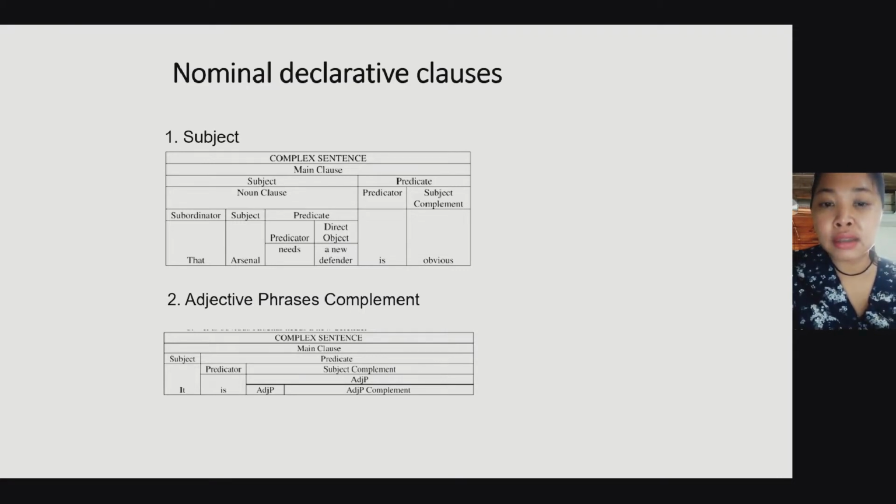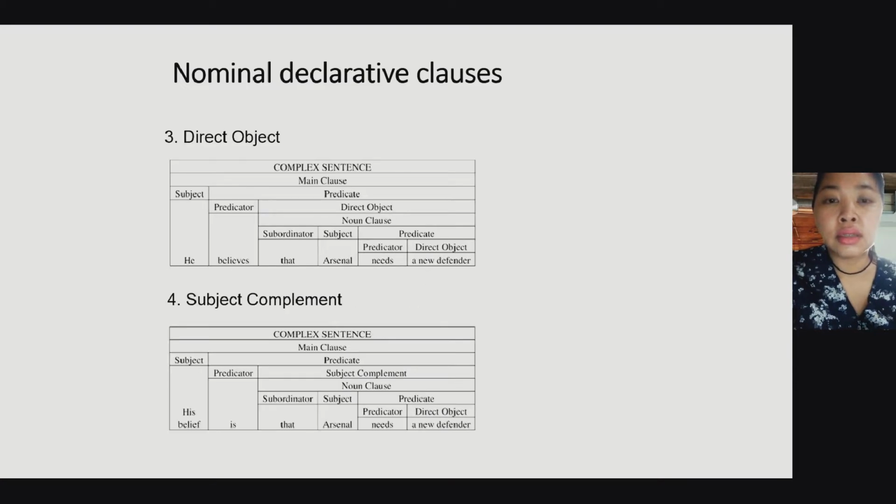So we can see here the pattern: subject, predicator, and then adjective and adjective complement. And direct object is this one: subject, predicator, and then direct object. And subject complement is subject, predicator, and subject complement.